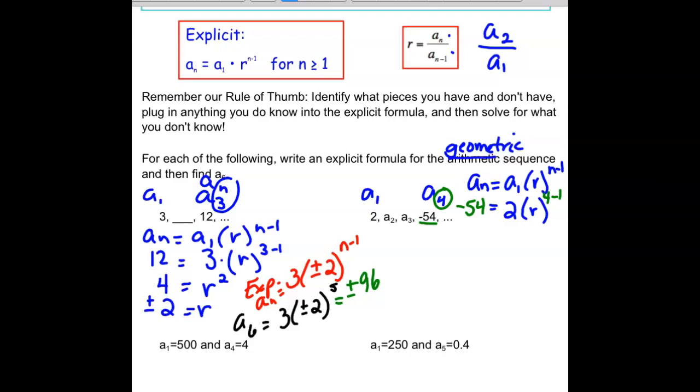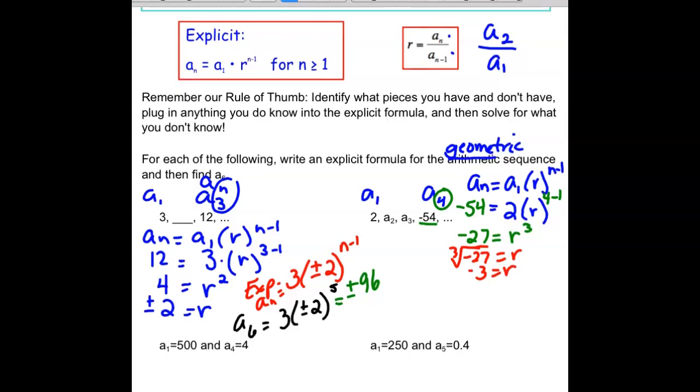All right? To solve this, we're going to divide the 2 over, which leaves us negative 27. The power now becomes a 3, 4 minus 1. And to find the r value here, we're going to have to cube root negative 27. And the cube root of negative 27 is negative 3. So we have found our r value, so we can write our explicit formula.